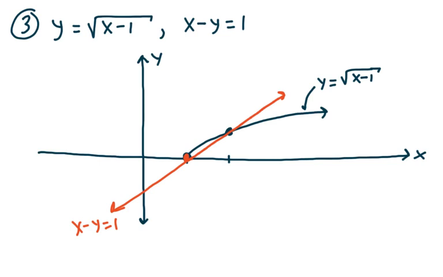Okay. Now, notice how in the first equation, y is a function of x. So it would behoove me to solve for y in terms of x. And when I do, I get y equals x minus 1. And I still want to make sure the points of intersection are what I think they are, right? And so what I'm going to do is set the square root of x minus 1 equal to x minus 1.